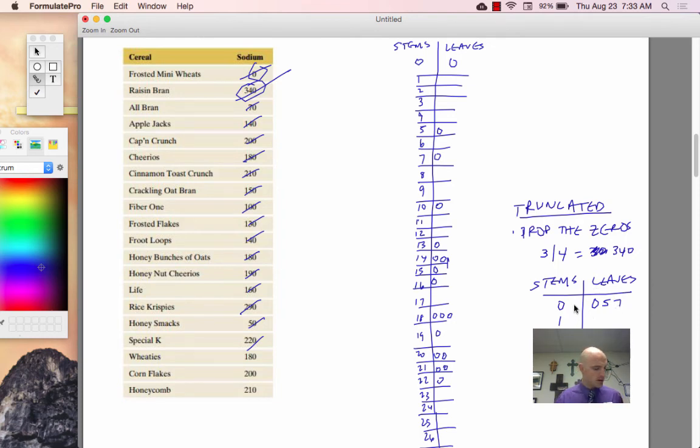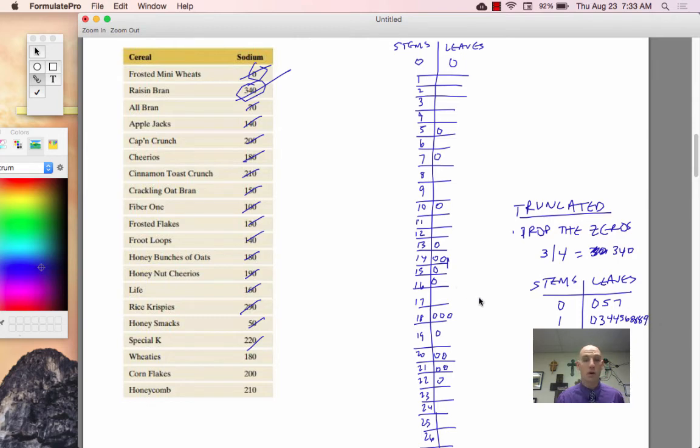In my next one, I'd have 1, 0, which would be 100, but I'd also have a 3, 4, because 1, 3 would be 130, right? 140 would be 1, 4, so I've got 2 of those. And then I go down the line, 5, 6, 8, 8, 8, 9.